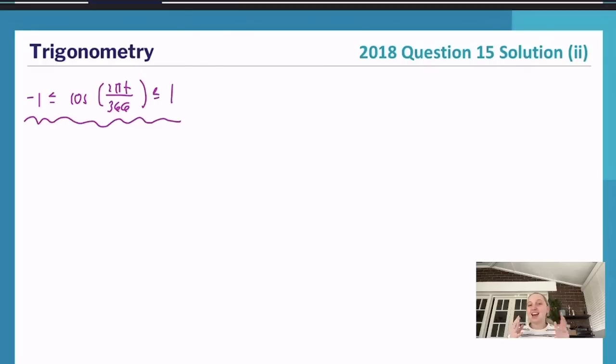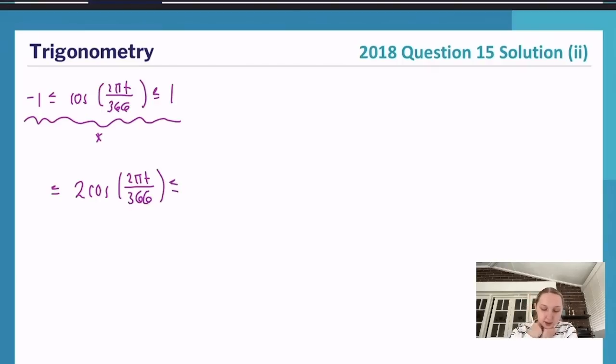Now, similar to how you would change your domain and range when you're solving for a trig function, that's what we need to do to this, right? So what we want to do is have 2 cos 2 pi t on 366 in the middle of this notation for our domain, right?